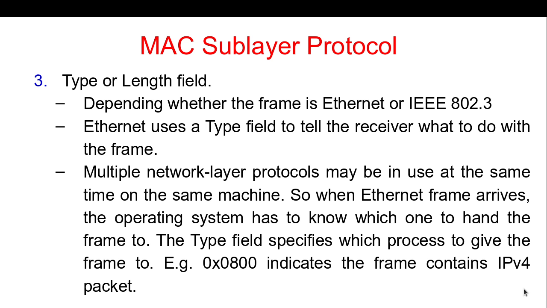If it is IP version 4, it will be given to the IP protocol. Based on the type field, the corresponding protocol process will be given that particular arriving frame. For each protocol, there may be a different process running in the system, and to that process the arriving frame will be given based on the type.